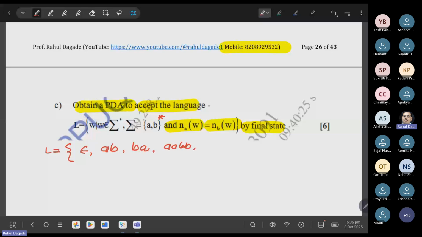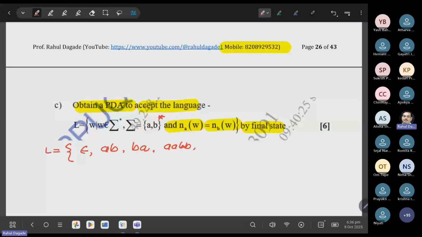ABBA is also valid. Another string will be BBAA, also valid. Another is BAAB, and so forth. So these are valid strings.